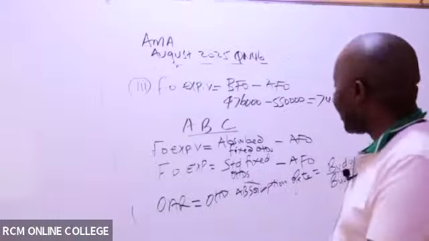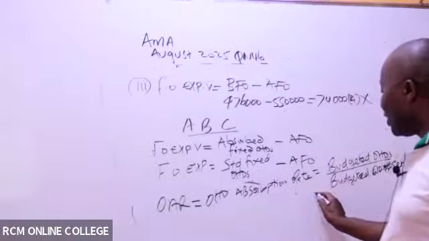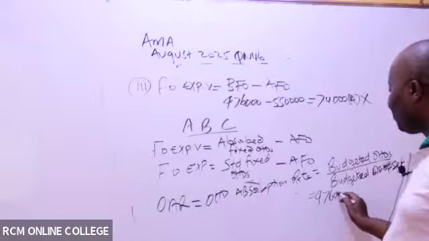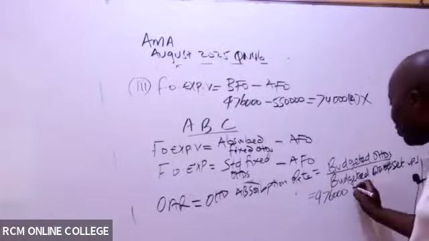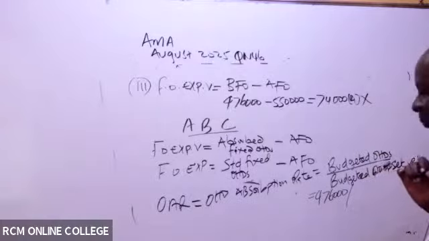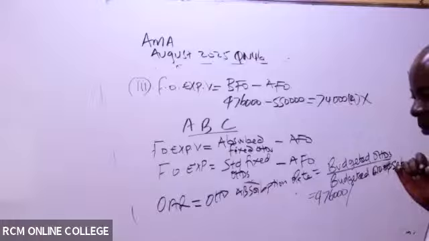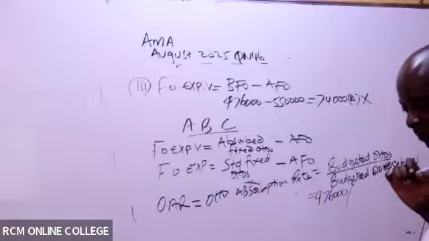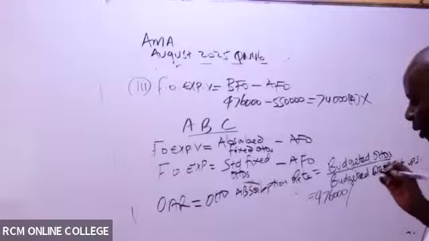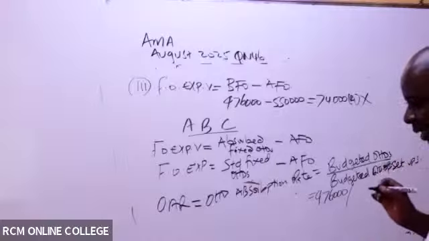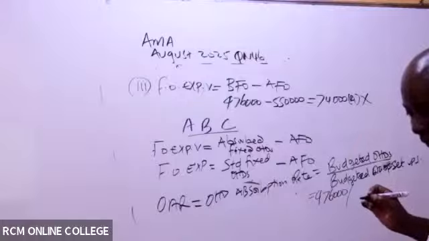Yes, it is 476,000. Can anybody see the budgeted number of setups? Anytime they want us to get OAR, it's about budgeted. So budgeted, I can see it is 1,700.